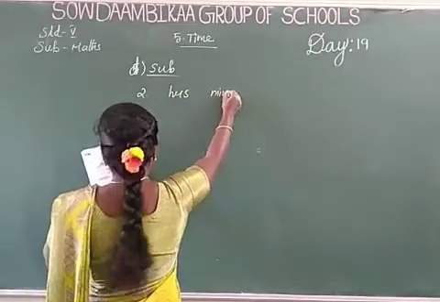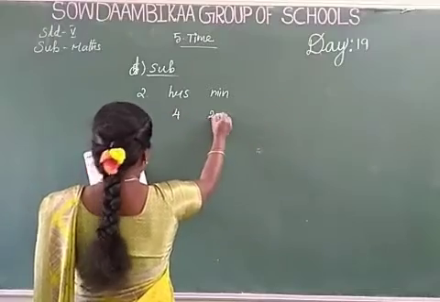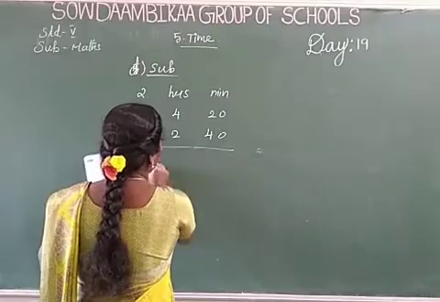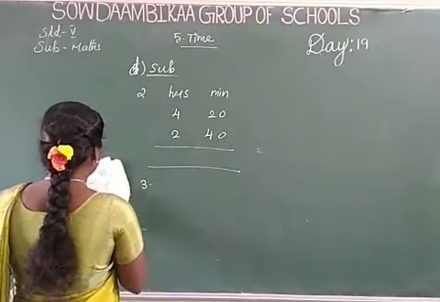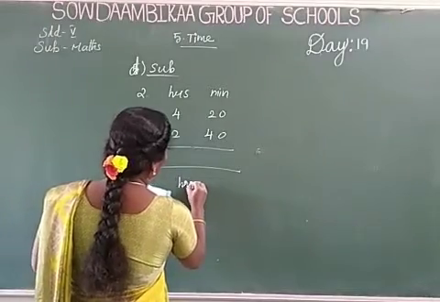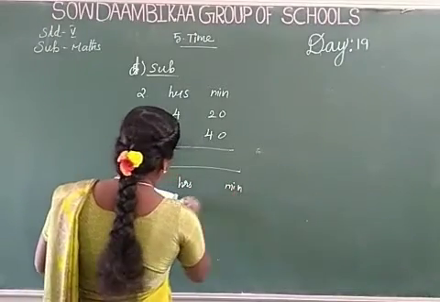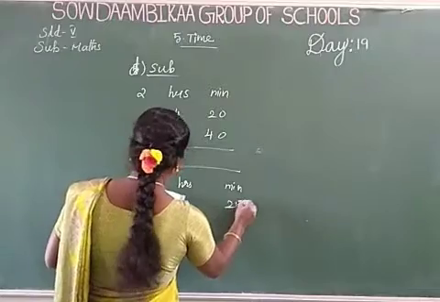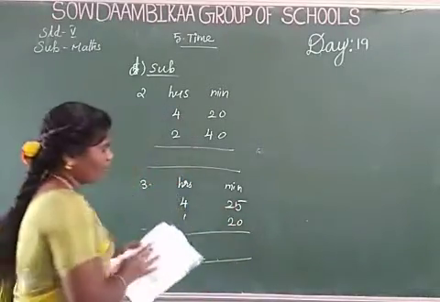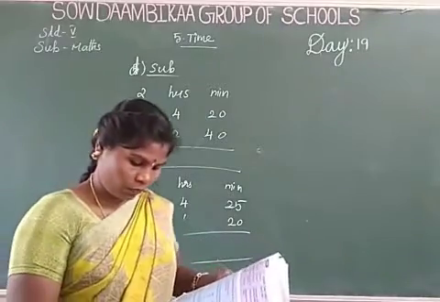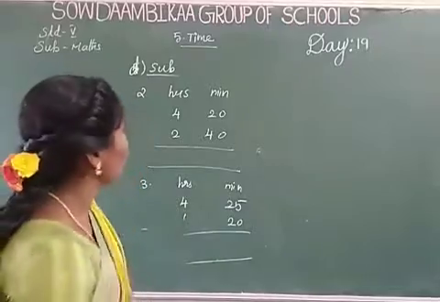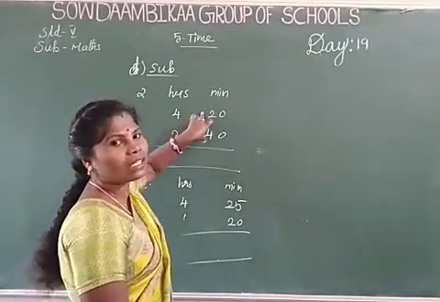Hours, minutes: 4, 20, 2, 40. Third sum, the same. Hours, minutes: 4, 25, 1, 20. Okay, 20 minus 40 is also not possible.